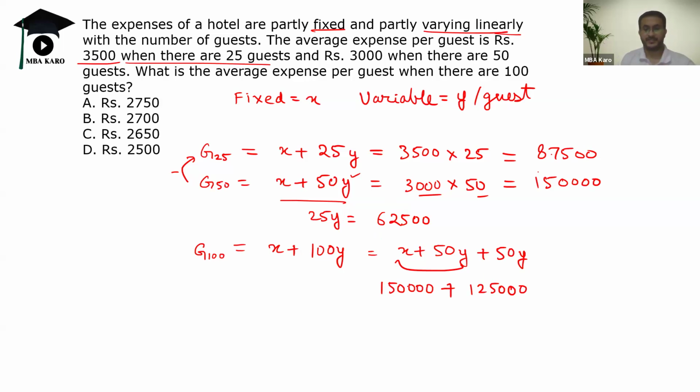We used this result. So you need to be vigilant with the numbers that you see. 15, 12 and 5 zeros. So 27, 5 and 3 zeros after that. And there are 100 guests. So when you divide by 100, you will get 2750 as the answer.